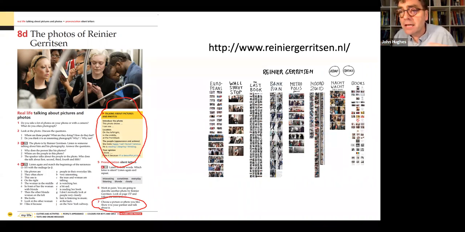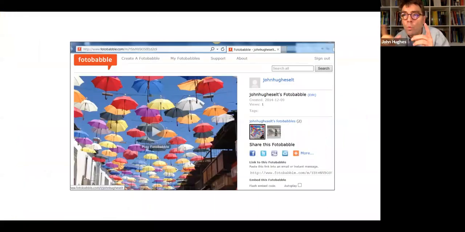At the beginning of the session, I mentioned photobabble. Here's another example of photobabble where I'm teaching the students asynchronously. I have a learning management system, and I say for homework, take your photograph, load it into photobabble, and then record your presentation about your photograph.